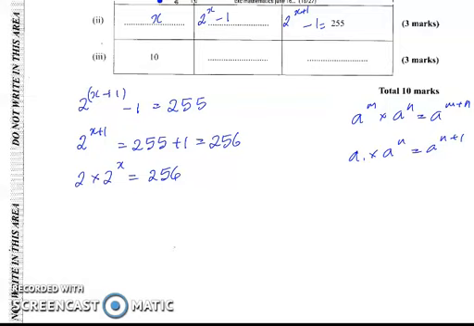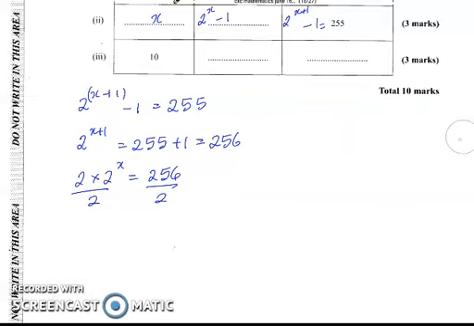So then I divide both sides by 2. I'm going to get 2 to the x is equal to 128. 32 is 2 to the 5th power, 64 is 2 to the 6th, so 128 is 2 to the 7th.